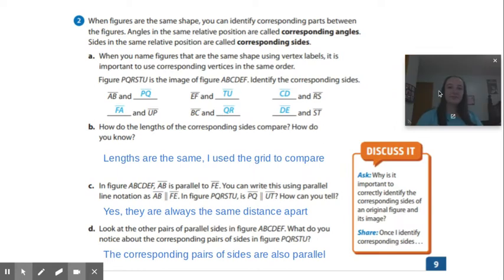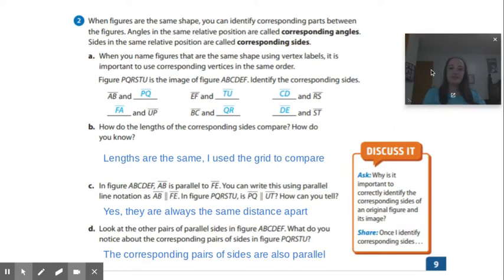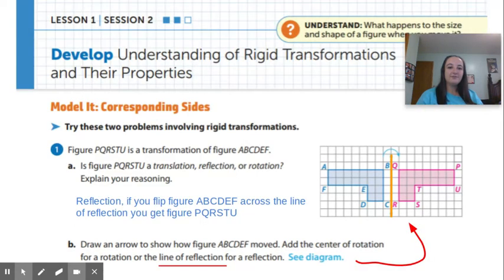Alright, next part. When figures are the same shape, you can identify corresponding parts between the figures. Angles in the same relative position are corresponding angles, so they have the same measure. Sides in the same relative position are called corresponding sides. They have the same measure. Like that figure we just had, AB is equal to PQ.